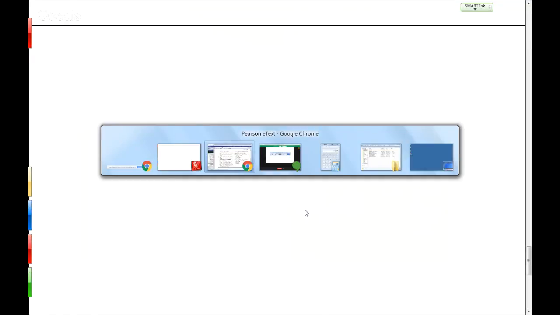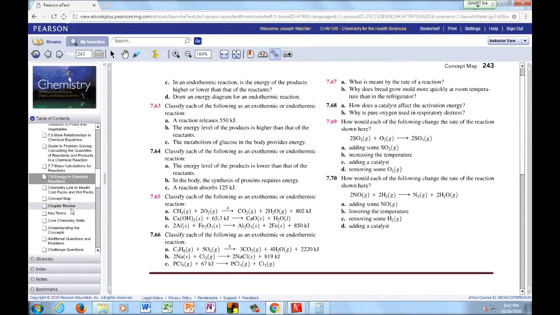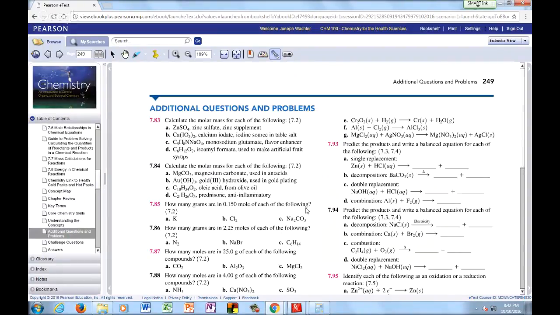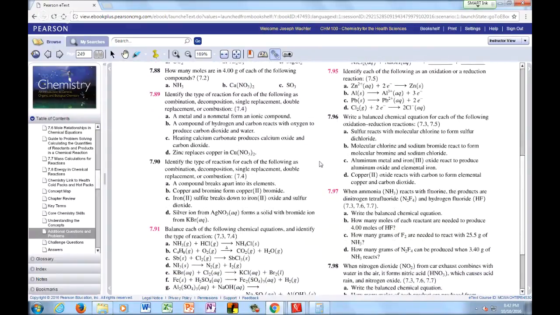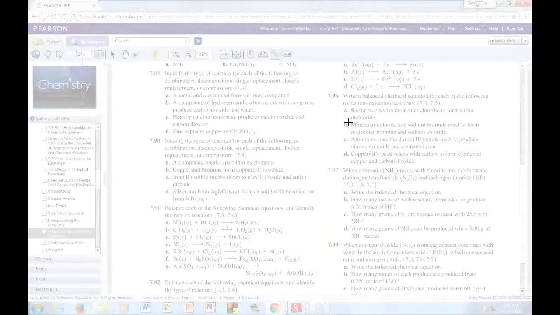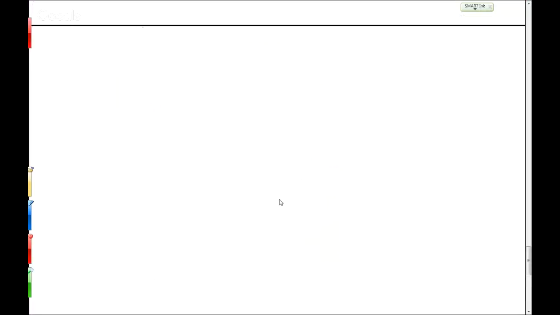Let's do another big reaction problem here. I like to pull these out of the book. Let's just try this one reaction.